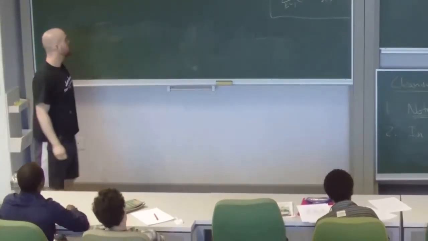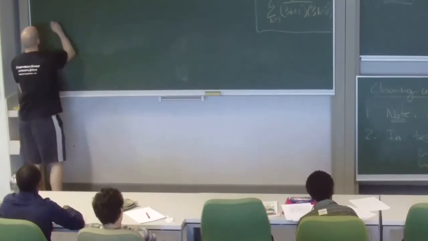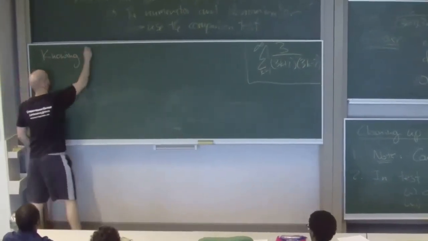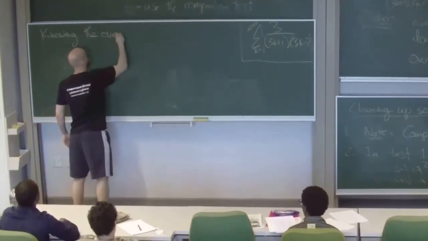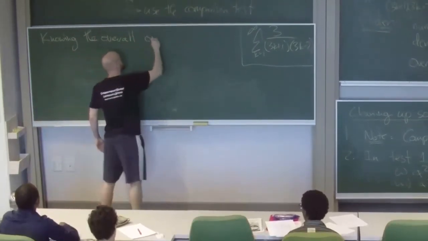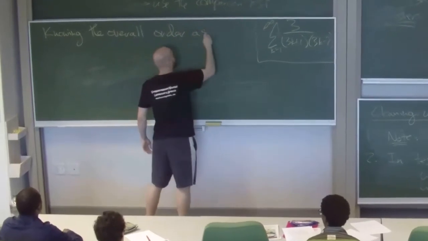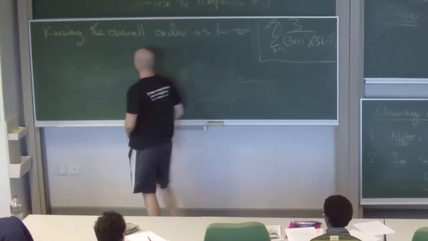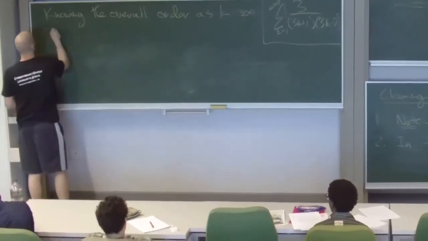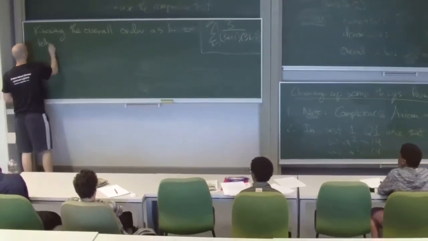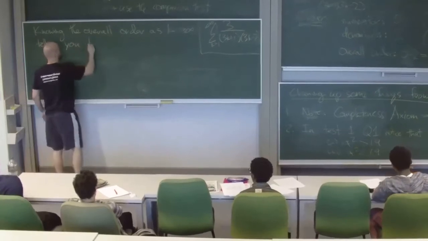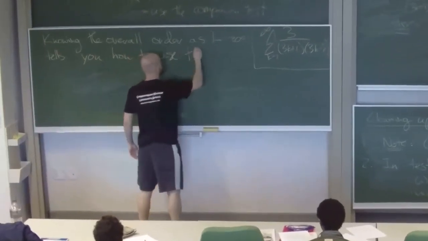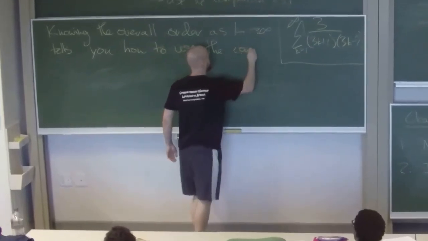So knowing the overall order as k goes to infinity tells you how to use the comparison test.